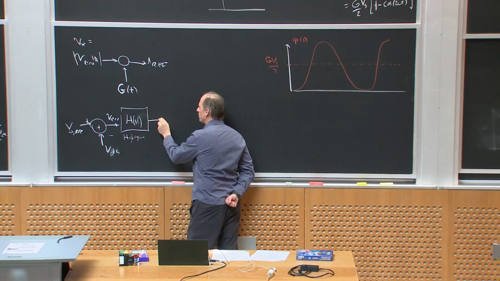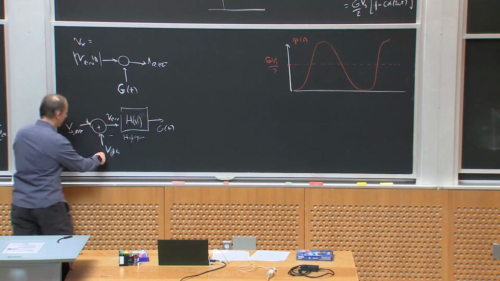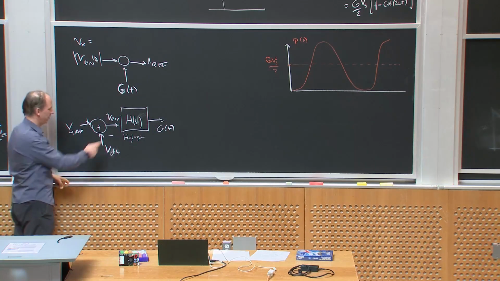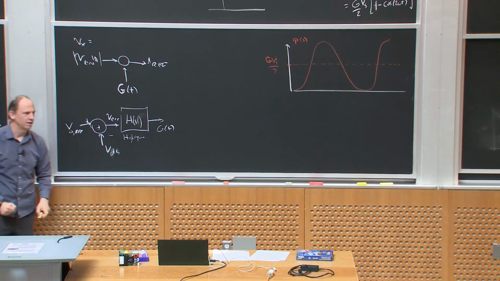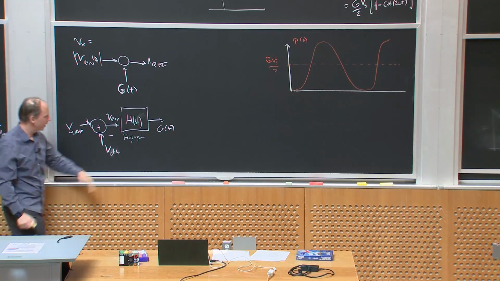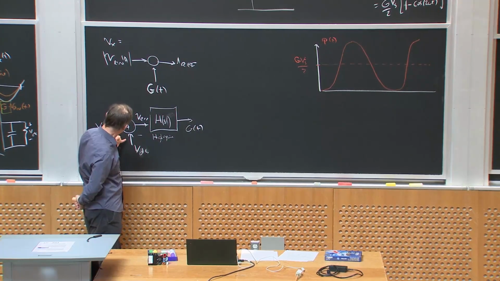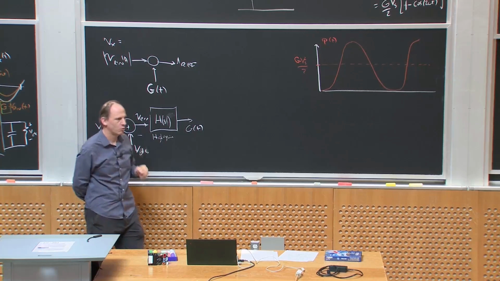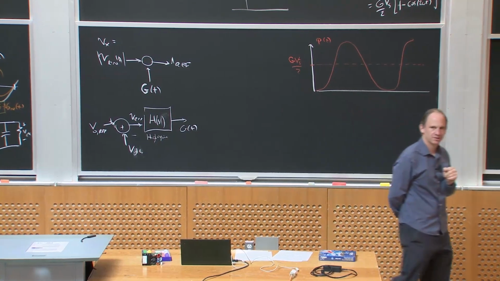And that's going to give me G of t. So if VDC falls below Vref, V error gets bigger, I amplify that and I increase G of t. So I'm going to pick G of t big enough that I get enough power that the output voltage matches whatever I want. In this case, as I said, 400 volts. Does that make sense?